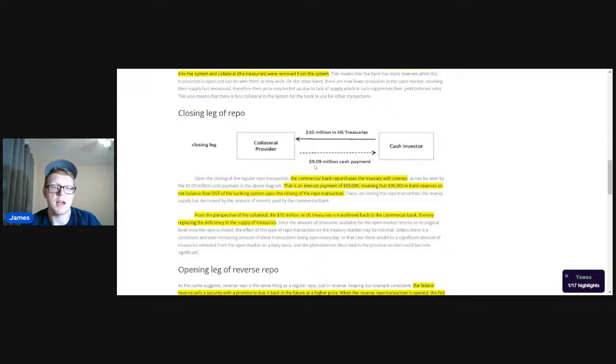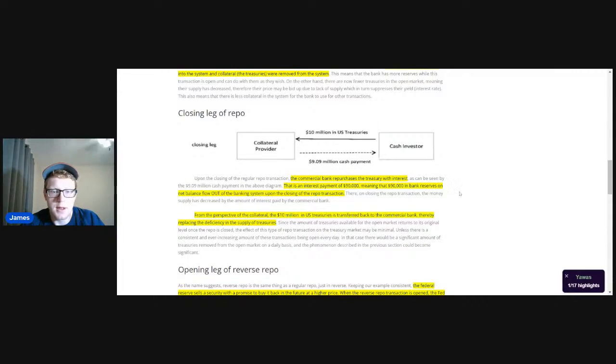And then now we have 9.09 million in cash going to the Fed, in this case, the cash investor. This little bit more than 9, this 90 grand, is the interest paid. They are repurchasing the same amount of treasuries from the Fed at a later date on a higher price. This difference in the repurchase price and the sale price is the interest. That's why it's called a repurchase agreement.